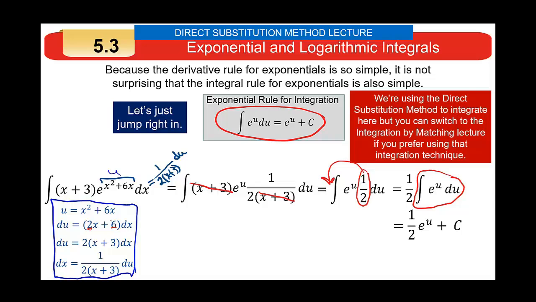And the final step, as always, is replacing the u with what it's equal to, in this case x squared plus 6x, and we get the final answer 1/2 times e to the power of x squared plus 6x plus a constant of integration. It's just practice, practice, practice.